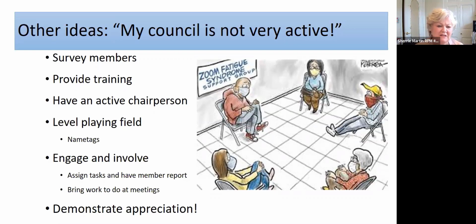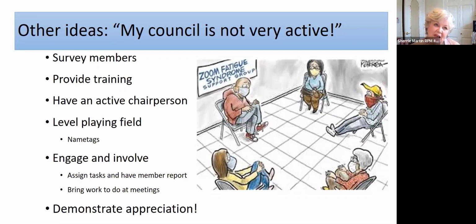So everybody else said, surveying members, always good. Providing training, that came up too. I think someone mentioned that. Providing training so that they truly know what the center does and why you need them on the council. If you have a chairperson that's very active, that always helps to get the other members to be more active and talk more and participate more in the meetings.